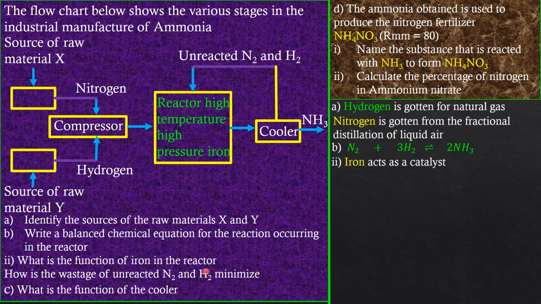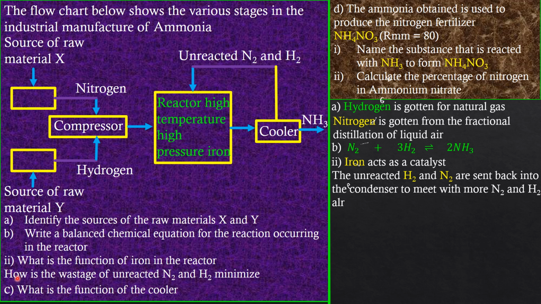Great. Then part C is saying: what is the function of the cooler? Oops, guys, we've skipped the next part. They are asking us: how is the wastage of unreacted nitrogen and hydrogen minimized?